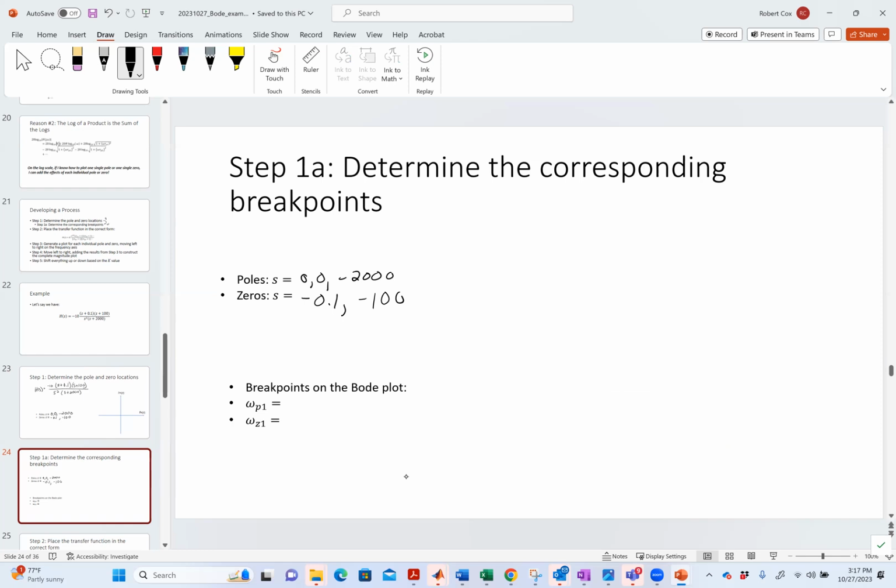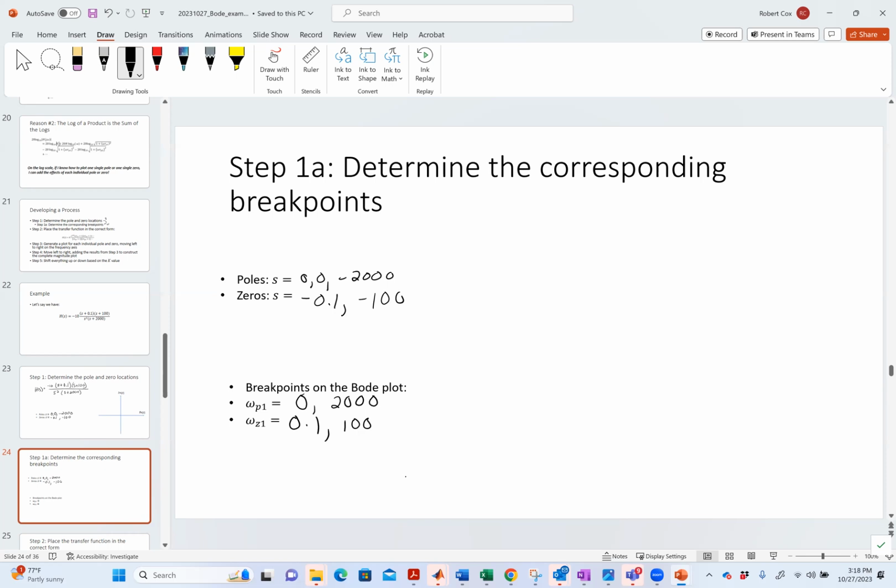It gives me a breakpoint at 0 on the pole side and at 2000 on the pole side. And what would be my breakpoints for the zeros? It'd be 0.1 and 100.